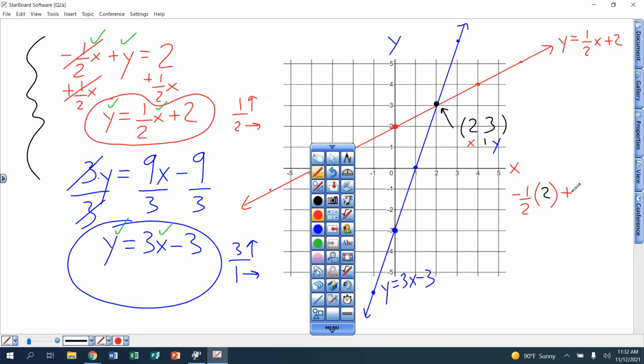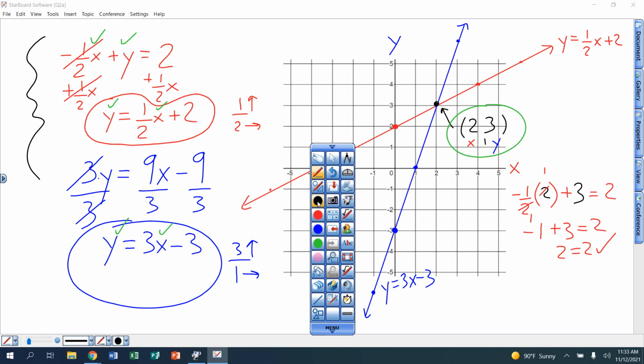Plus y, so I'm going to plug in that y number right there into the red equation and see if I get a true statement. -1/2 times 2, I know it's a little tricky, but that will give you -1. And then -1 plus 3, that's why this one works, because -1 plus 3 is 2. 2 equals 2.